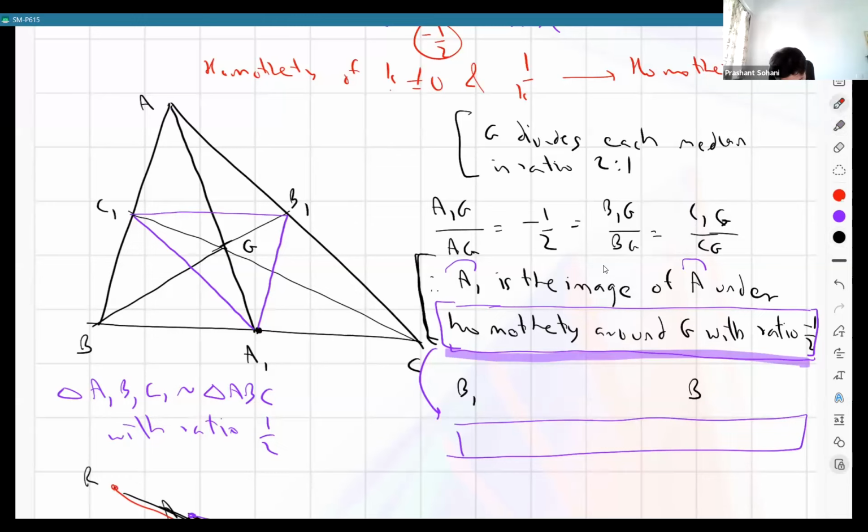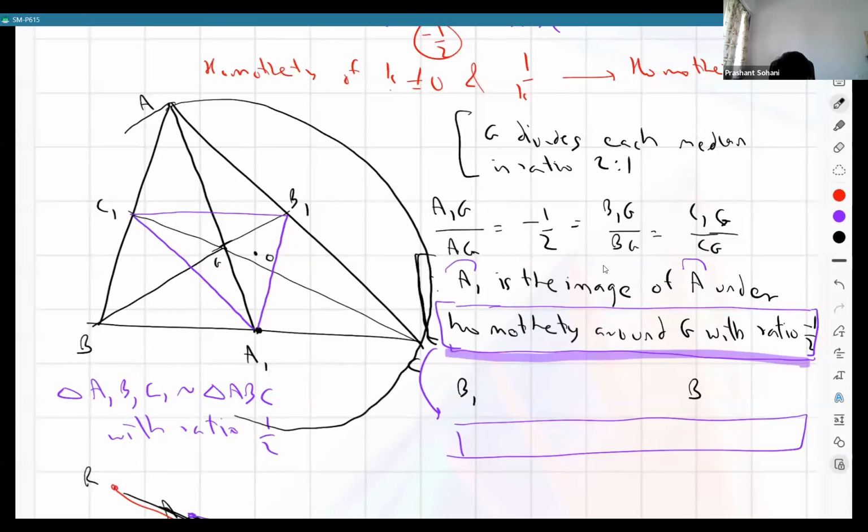So if I draw the circumcircle of triangle ABC, and O is the center of that circle, not a very good circle, let me draw it.